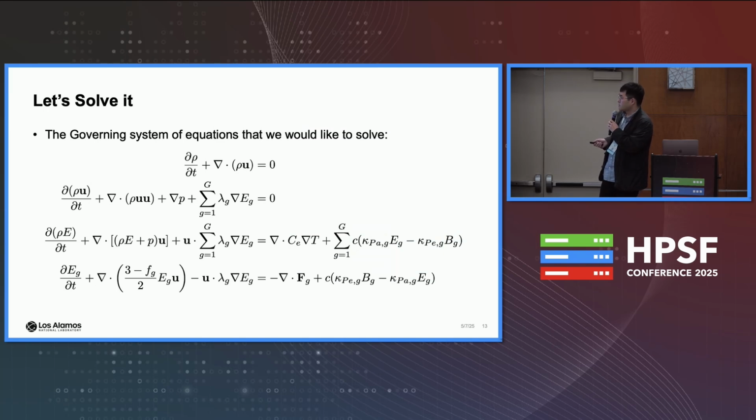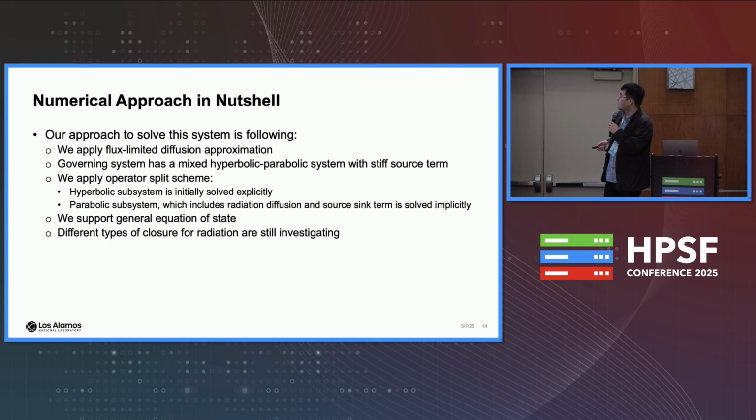So let's solve it. That's the governing system of equations. I swear that's the last equation in my talk. That's the hydro portion, plus radiation energy. We specifically choose a form called the multi-group diffusion form. That's the usual approach: we apply a flux-limited diffusion approximation to treat the transport equation. Our governing system is a mixed hyperbolic-parabolic system with a pretty stiff source term. I will explain what that means soon.